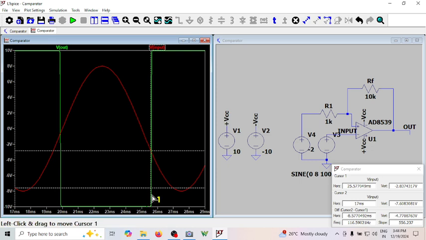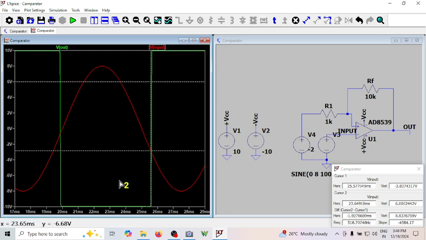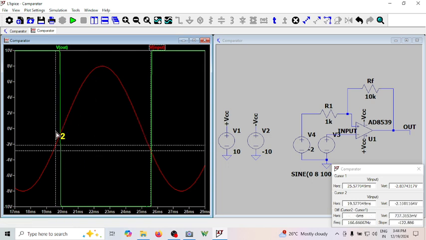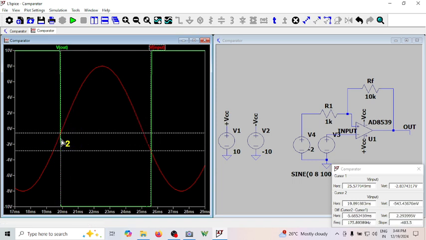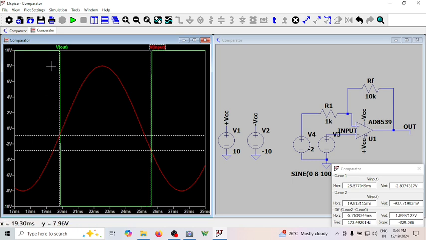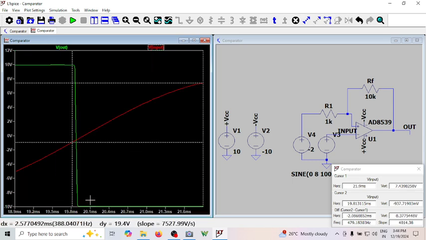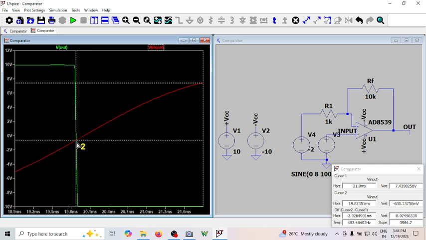So this is going from minus V side to plus V side. What is VTH? Just see where this transition starts. So now I am moving this so that the transition is starting now. Maybe you can further zoom it. Maybe this point.